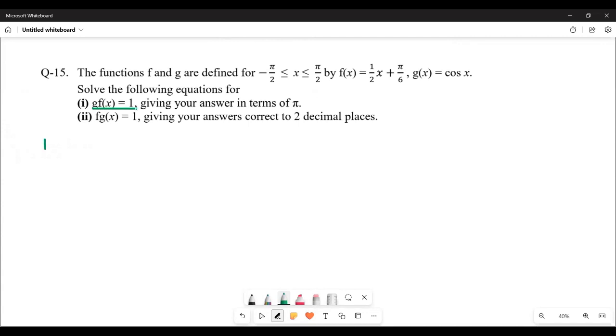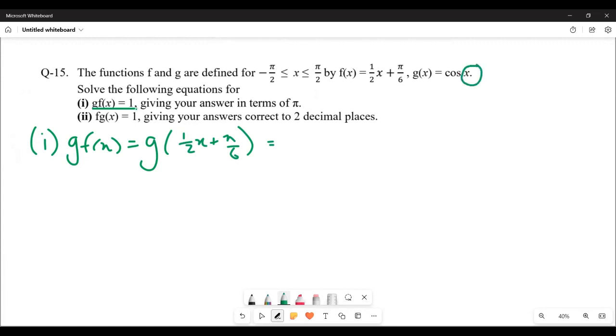So gf(x) would mean that in g, instead of x, we substitute half x plus pi by 6. So in g, replace this x with all of f(x). And this is equal to 1. Give your answer in terms of pi.